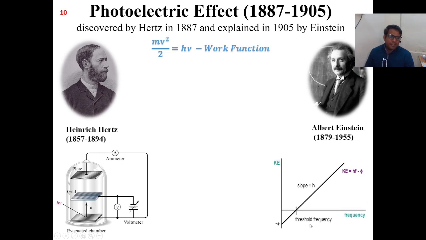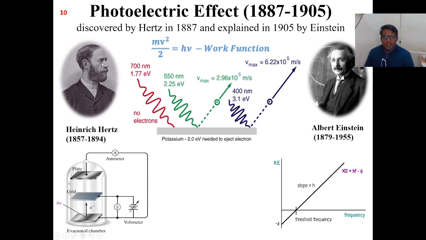And this is the graph of the photoelectric effect. That means there is a threshold frequency beyond which energetic electrons can be received, and below which no electron will emerge from the surface of the metal.